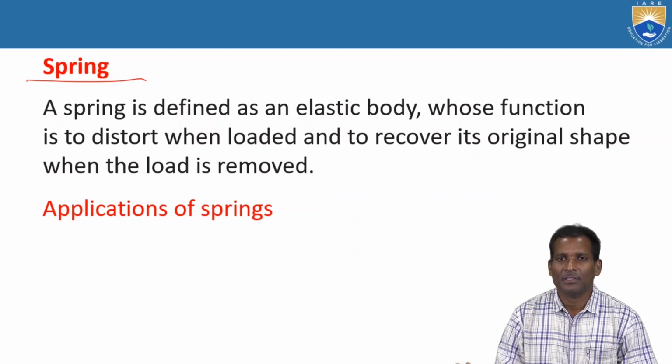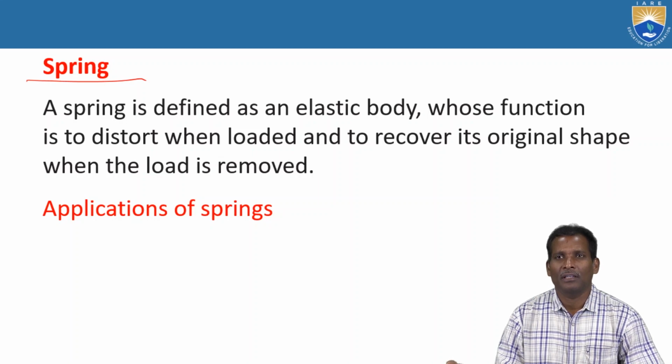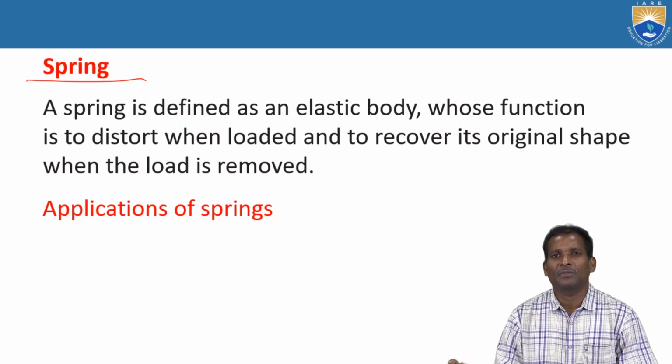Plasticity is the reverse of this property, which we have already discussed in the mechanical properties of materials. The best example of elasticity in a material body is a spring. So the spring is classified as an elastic body. Its function is to distort when loaded and to recover its original shape whenever you remove the load. That is the definition of the spring.